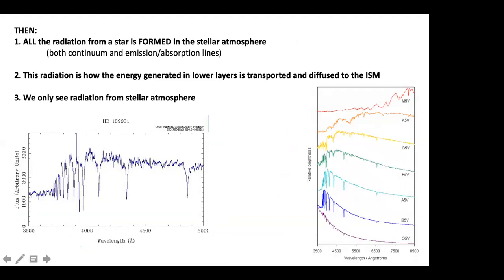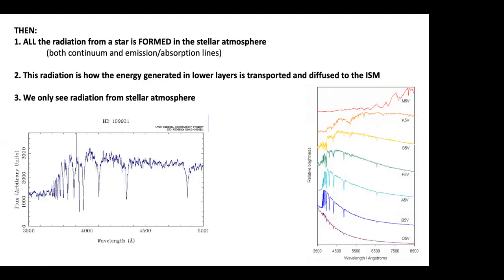Now, resuming, the fundamental concept we have just seen is not only that you have a sharp edge of the star. We have mentioned more concepts that are important. The first one is that all you see from the star is radiation, because remember that in astrophysics, what you receive from your objects is almost only radiation.